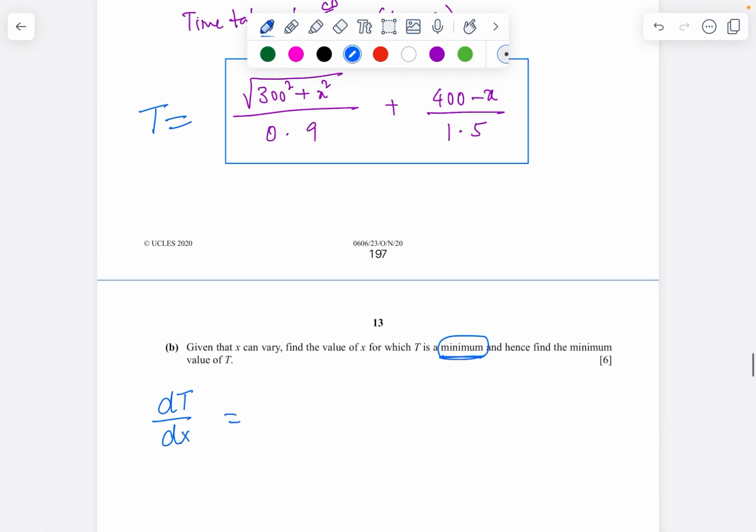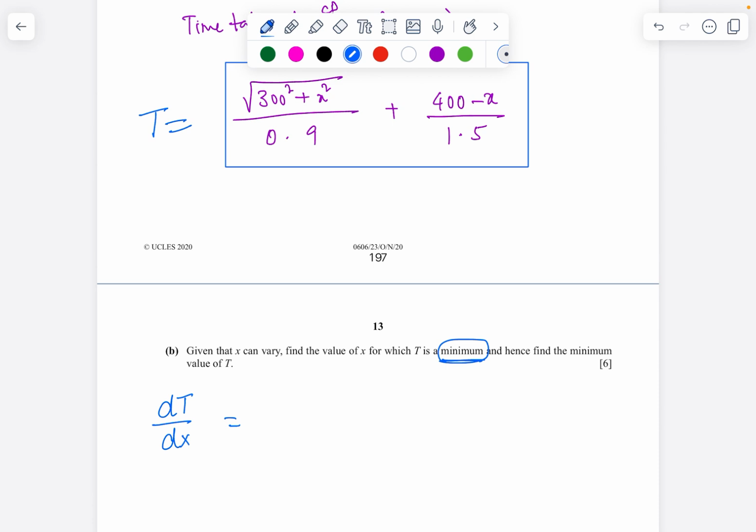So dt by dx. Firstly, I'm going to rewrite this. It is a 6 mark question, so it is a big question. I'm going to rewrite it first: 300 squared plus x squared to the power of 1 over 2, divided by 0.9, and this one, 400 minus x over 1.5.